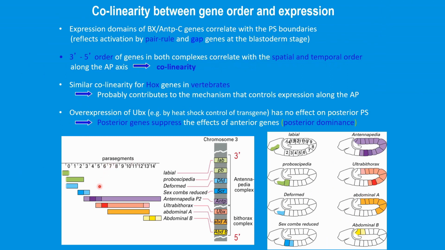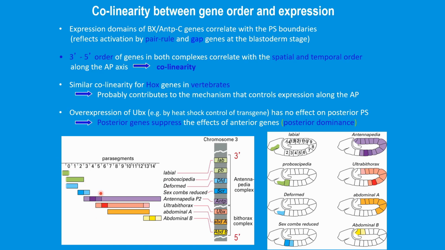But if you express it everywhere in the animal, it won't transform everything to 4, 5, and 6, and this gives rise to the idea of posterior dominance, that posteriorly expressed genes actually suppress the anterior genes that were turned on before them.